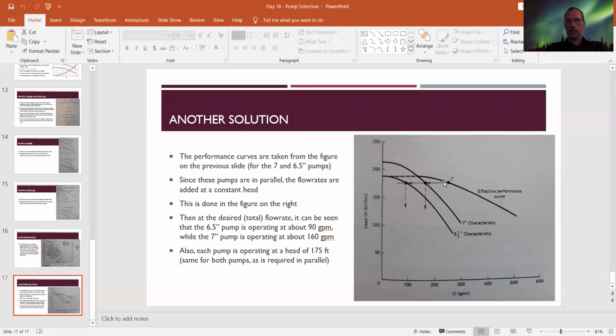So 90 plus 160 gives me my total of 250. So therefore, my operating point for these two pumps should be 90 gallons per minute for the 6.5-inch diameter pump, 160 gallons per minute for the 7-inch diameter pump, and overall gives me a head of roughly 175 feet, as you can see from the graph.